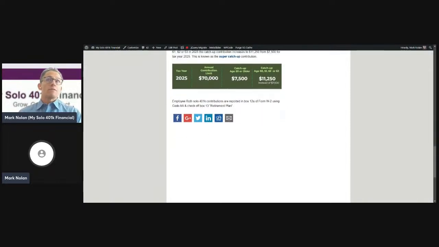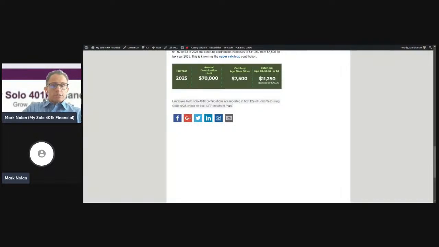Now, employee Roth solo 401k contributions are going to be reported in box 12A of your Form W-2 using code AA, and then you're going to check off box 13, retirement plan. So even though you don't get a deduction for it, because Roth employee contributions are never tax deductible.